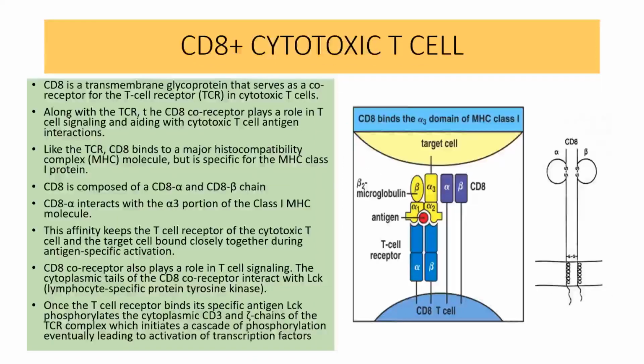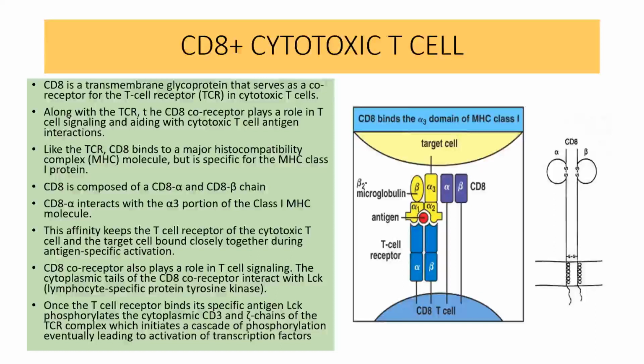The second cell is the T killer cell, or cytotoxic T cell. It is also known as the CD8 T cell. CD8 is a transmembrane glycoprotein that serves as a co-receptor for the T cell receptor in the cytotoxic T cell. CD8 has two chains, alpha and beta.